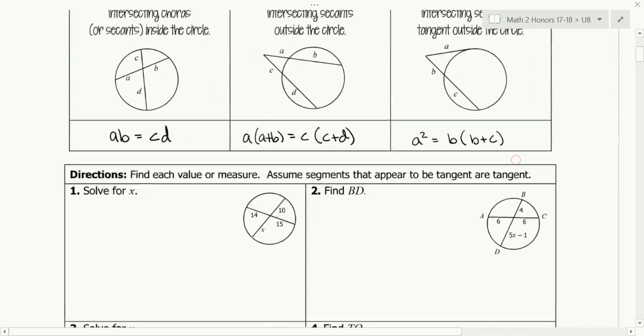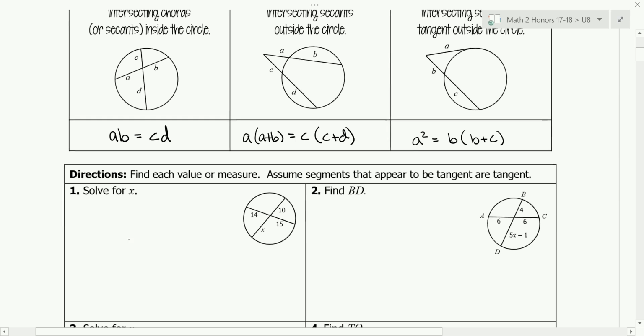Let's start simple. Number 1. Okay, so here we have two secants intersecting, and so we could say 10 times x is 14 times 15. Okay, and so then we could say x is 14 times 15 divided by 10. 14 is 7 times 2. 15 is 5 times 3. 10 is 2 times 5.